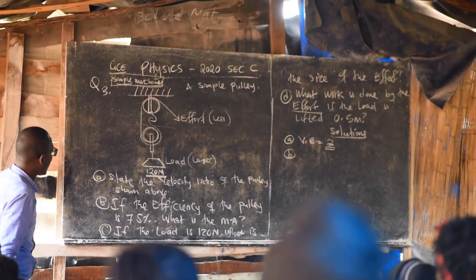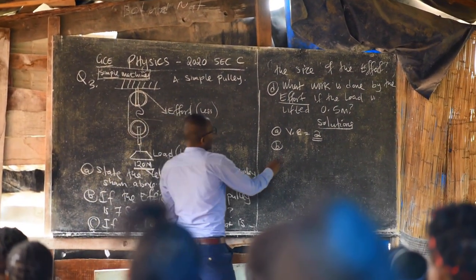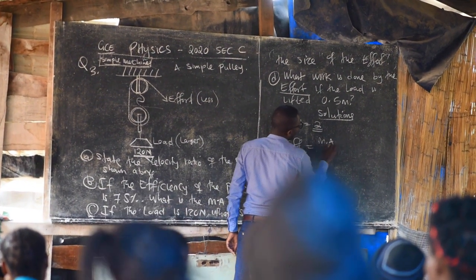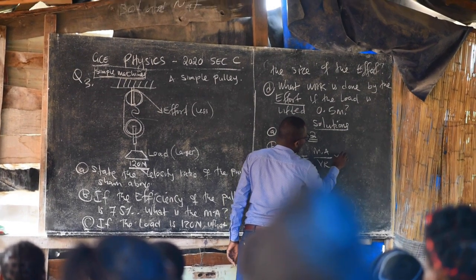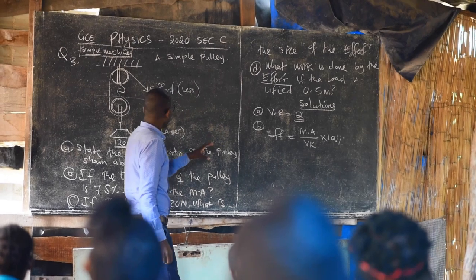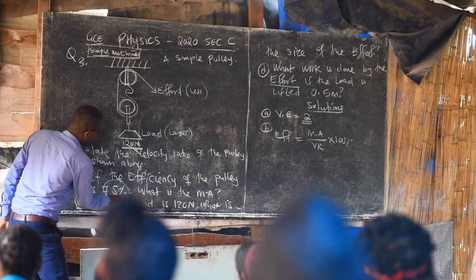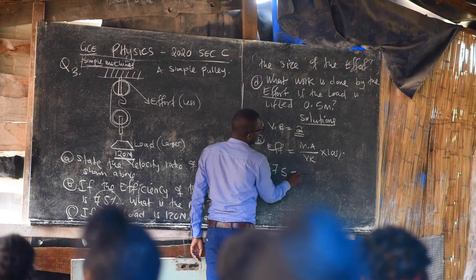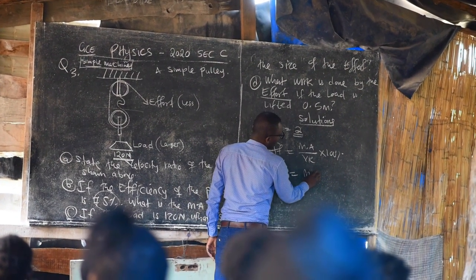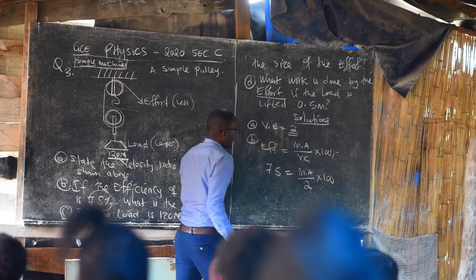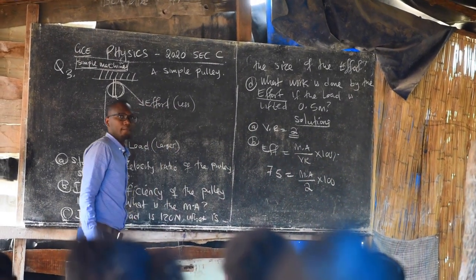Okay, so we can still use this formula: efficiency equals mechanical advantage over velocity ratio times 100%. Is that okay? What is our efficiency that has been given? 75. So we are putting 75 here, and mechanical advantage is what we are looking for. Velocity ratio is 2 and 100. Are we together there? Yes.